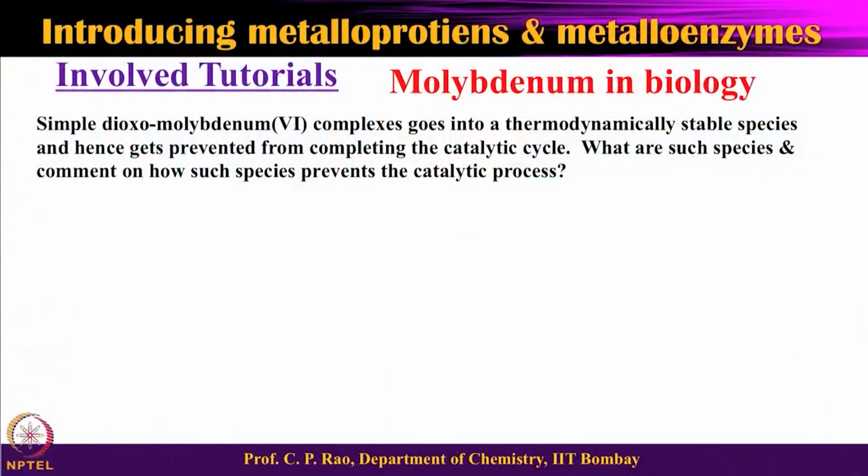Simple dioxo molybdenum 6 complexes go into a thermodynamically stable species and hence get prevented from completing the catalytic cycle. What are such species, and comment on how such species prevent the catalytic process. What happens if you take a simple dioxo molybdenum and add some reducing agent with 1 electron, it will go to molybdenum 5, but 2 of such molybdenum 5s can join together to form an oxomolybdenum.